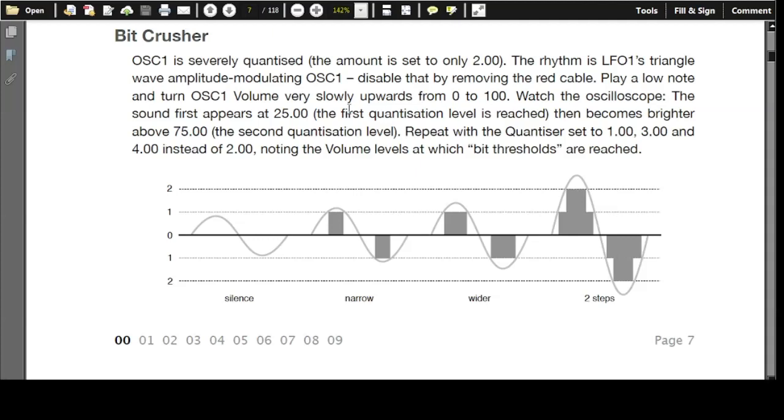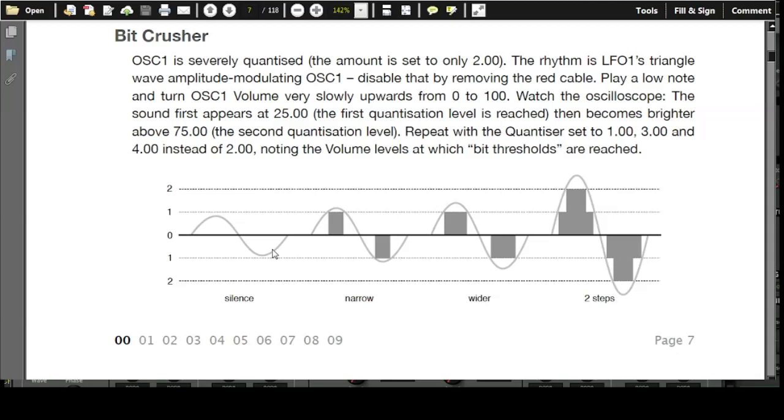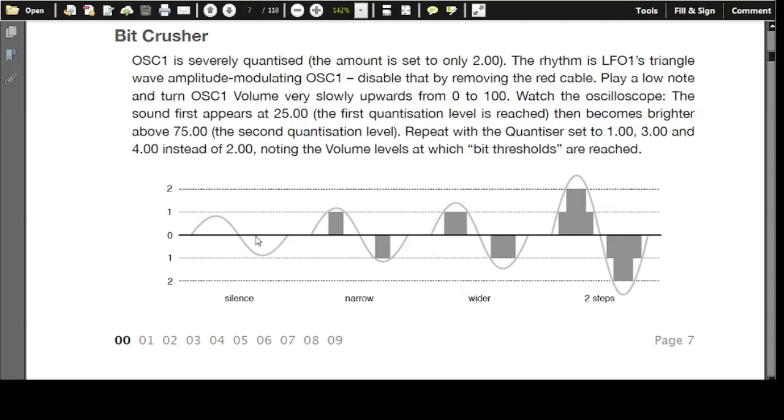While we're still taking a look at this, we'll look at these different waves. See here, this sine wave has no quantization in it because it hasn't reached that 25 point on the volume, so it's not even making a sound.